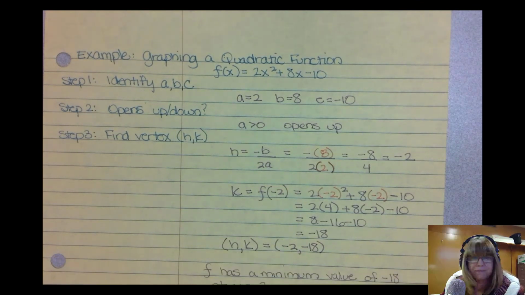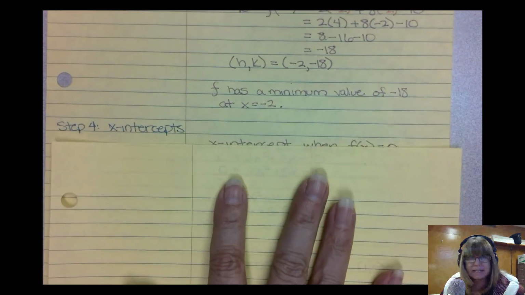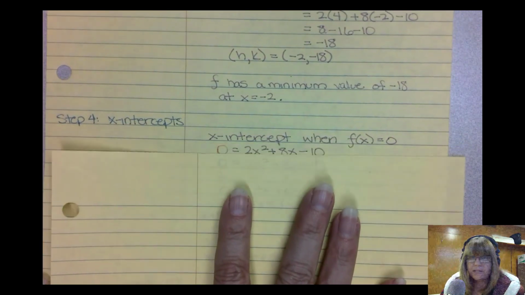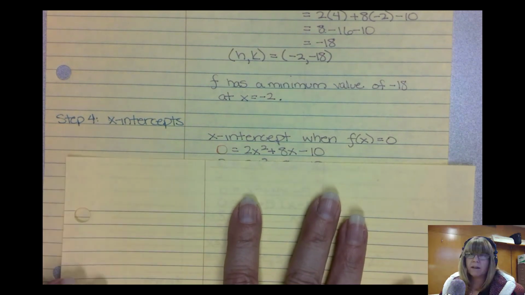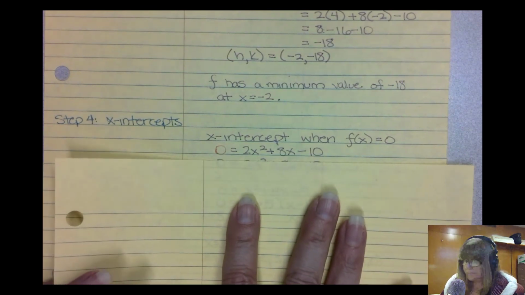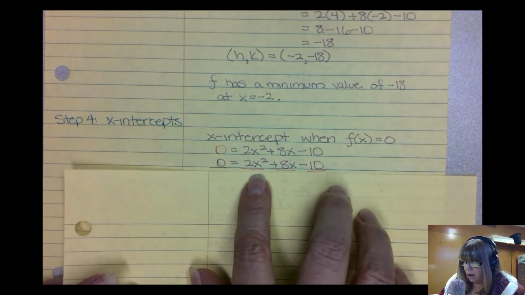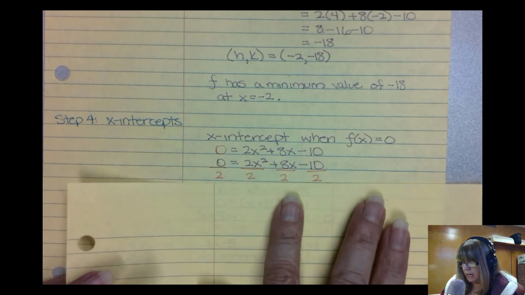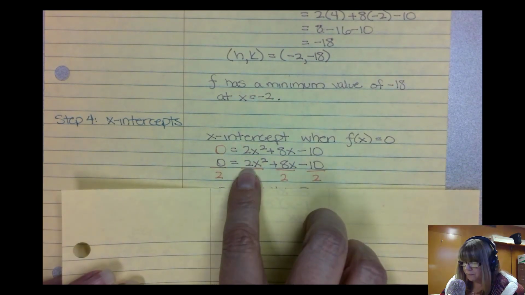All right. Let's find the next stuff. We're going to have to find the x-intercepts. The x-intercept is when our f of x equals 0. So let's go ahead and set our function to 0, and we're going to solve this for our x. Now I find that it's actually easier to divide everything by 2 so we can get rid of this 2 out front.